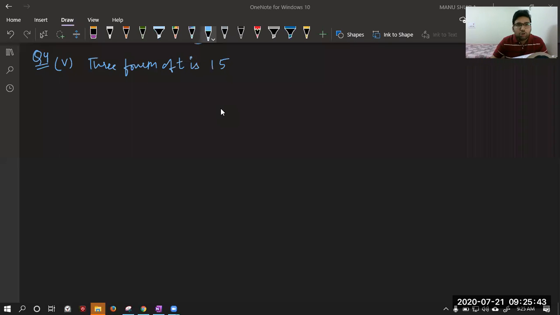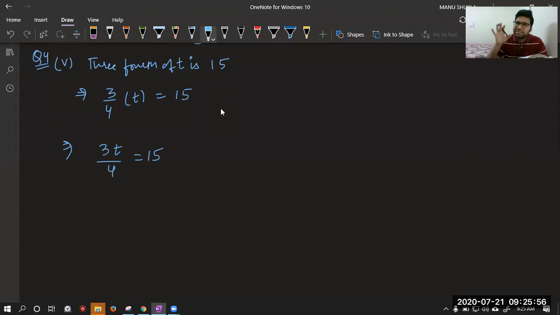Good, Ashmit. Now we can write this as 3/4 of t is equal to 15, or we can say it is 3t/4 equal to 15. Now, the question is this much only.